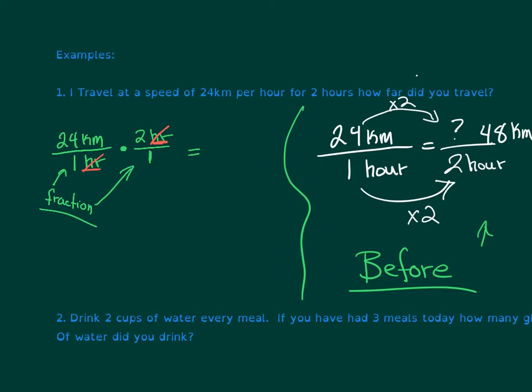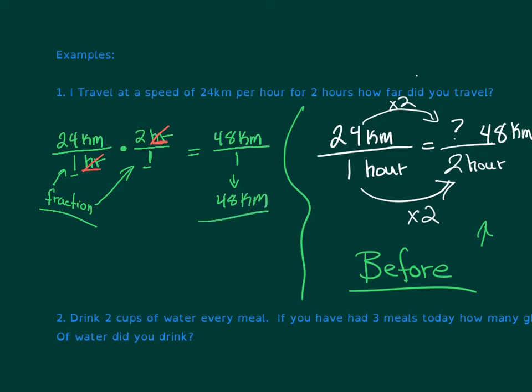This is true of units just like it is of numbers. So my hours are going to cancel out, and I'm left with 24 kilometers times 2, which is going to be 48 kilometers. And then in the denominator, my hours canceled out, so I'm going to have 1 times 1, which is going to be equal to 1. 48 kilometers over 1 is going to give me 48 kilometers.